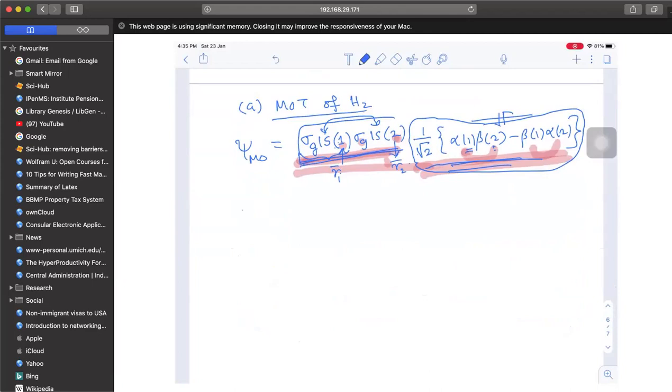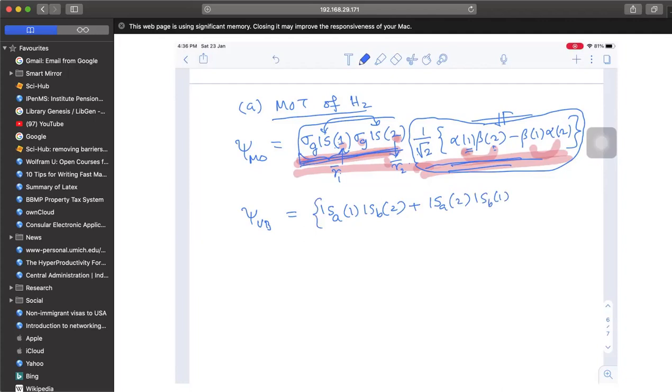Now you look at the valence bond wave function. In valence bond, what you do is you say, okay, you have one 1s A orbital with one electron and one 1s B orbital with the second electron. But at the same time, you can have the other configuration in which 1s A has the second electron, 1s B has the first electron.